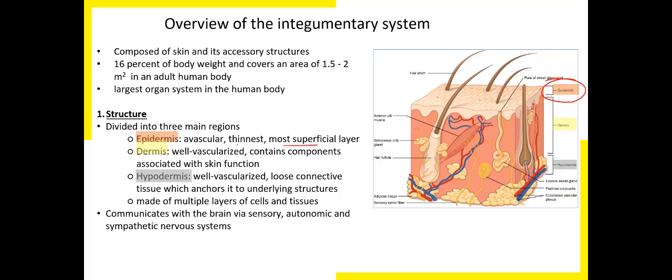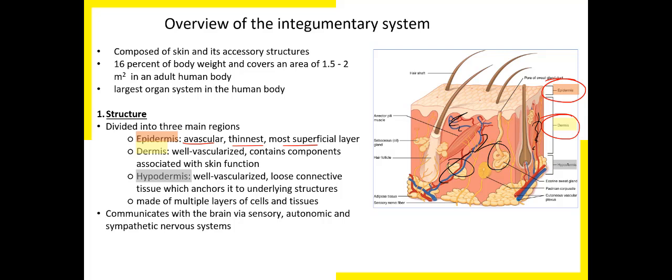So the most superficial is the thinnest and it's avascular. The middle layer is called the dermis, which has a lot of blood vessels, so you can see the blood vessels through the dermal layer, and it contains various components like sweat glands that are associated with skin function.